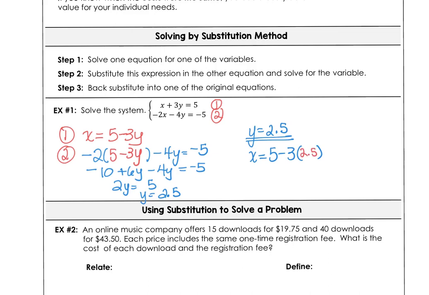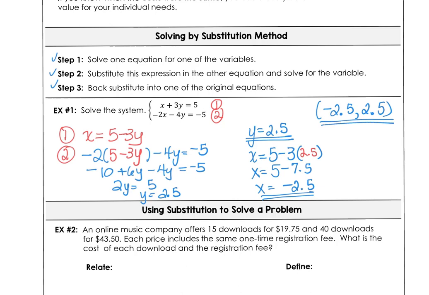So 5 minus 7.5 tells me that x is negative 2.5. So we've used the 3-step process to solve for our point of intersection. x is negative 2.5 and y is positive 2.5, and we have that unique solution there.